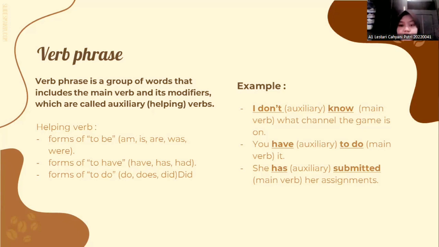And the last example, she has submitted her assignments. Has is the auxiliary and submitted is the main verb. So as we know, in the verb phrase in the sentence there must be the main verb and the modifier as auxiliary or helping verb.